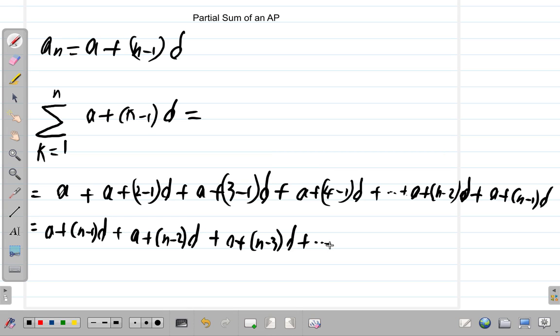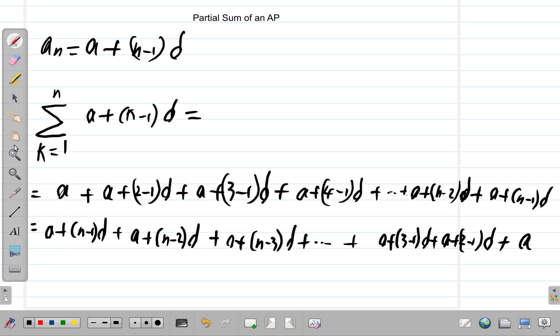Alright? So in this case, we go down and down until we reach the last one, which would be a. The second to last one would be a plus 2 minus 1d. The third to last one would be a plus 3 minus 1d, and so on and so forth.